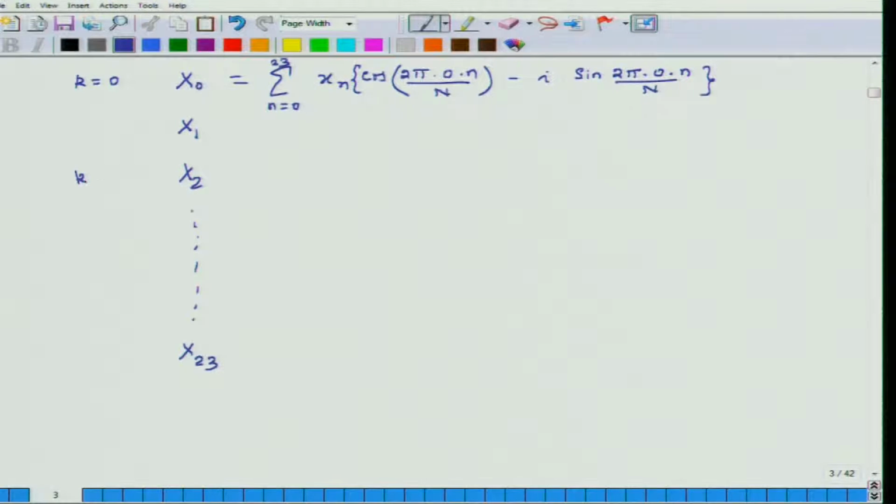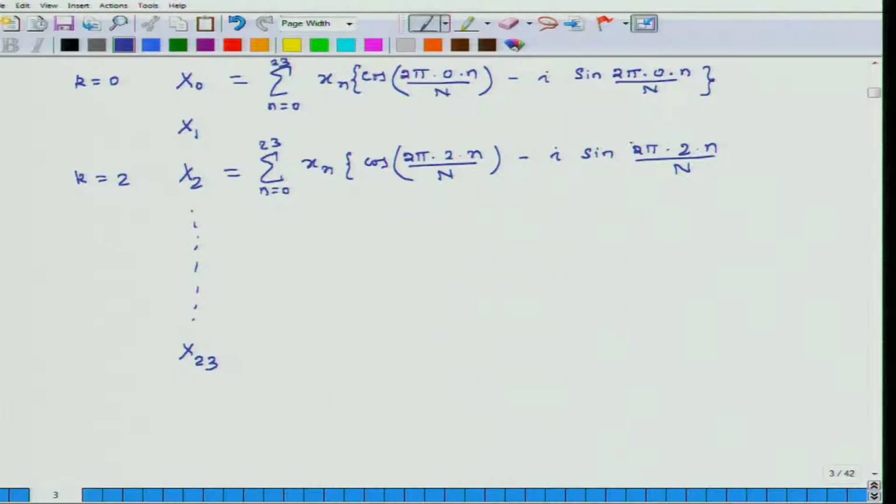Let's do k is equal to 2. So that will give us the value of X2, and that will be equal to summation n equals 0 to 23, xn cosine of 2 pi, and the value of k is 2, so 2 times n over capital N, minus i sine 2 pi 2 times n over capital N. So I can calculate all the values of X0, X1, X2 and so on and so forth, and I will just write down one more number.